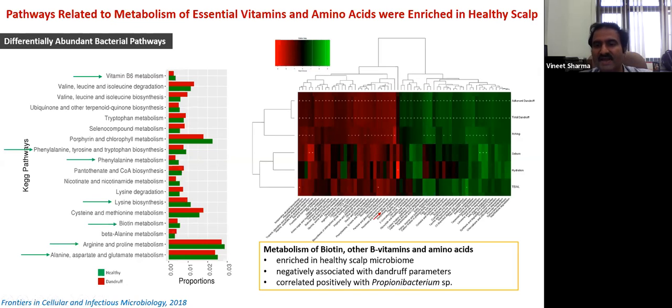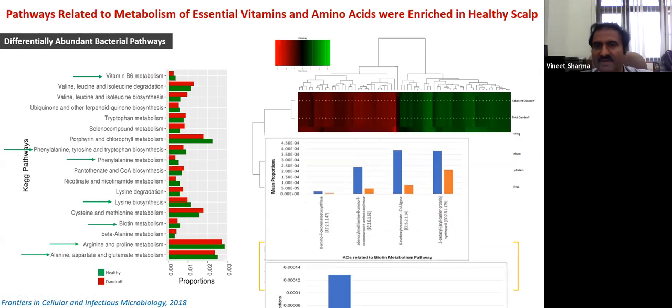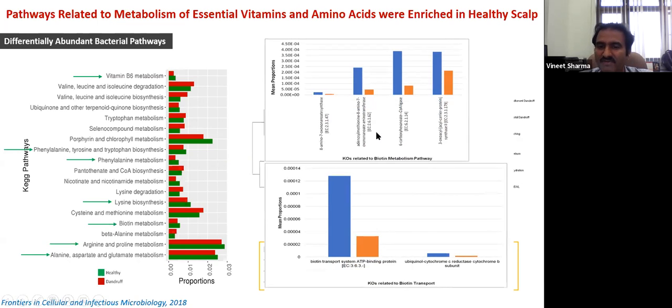We could also find the transporters for these, like biotin and other metabolites produced by the bacteria, through which the bacteria can throw them out. And there is a well-known mechanism by which the scalp can absorb nutrients from outside. So this shows that the bacteria on our scalp in the healthy state have roles and importance for the host.